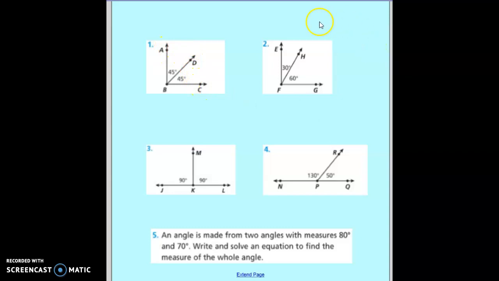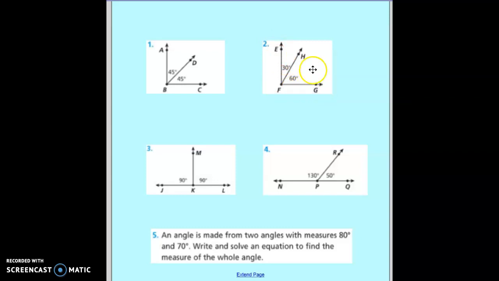Let's take a look at another one. Number 2, we have angle E, F, H being 30 degrees, an acute angle. We have angle H, F, G, 60 degrees, another acute angle. What would angle E, F, G be totaled?